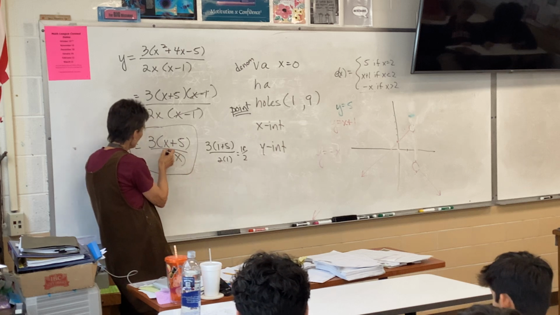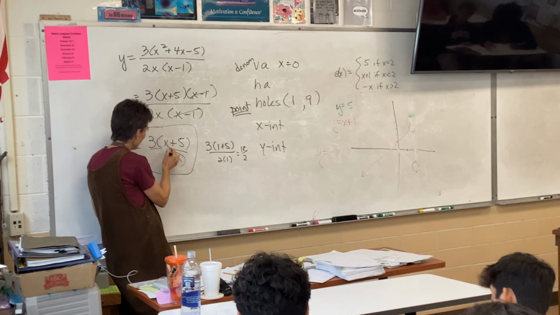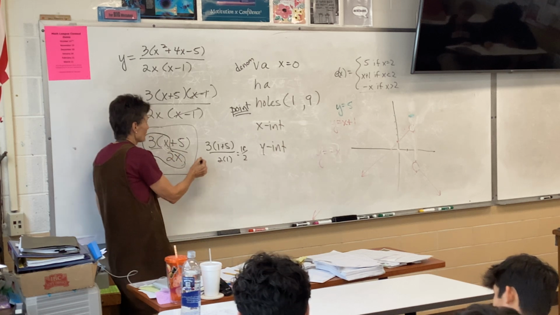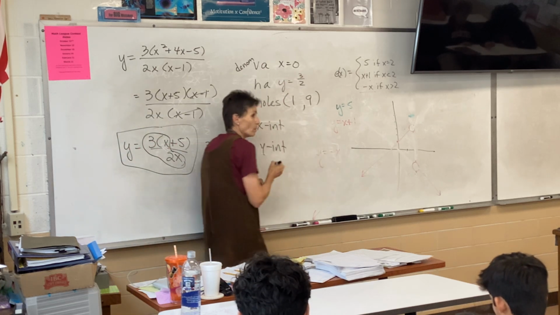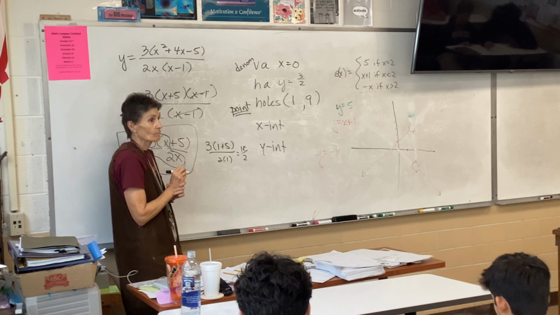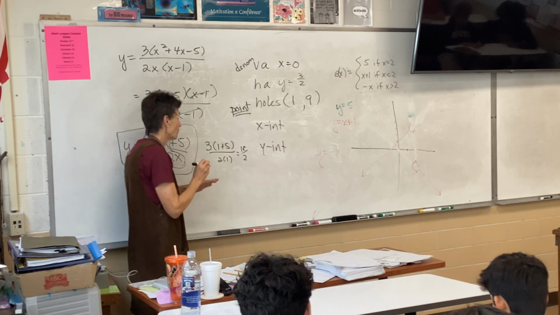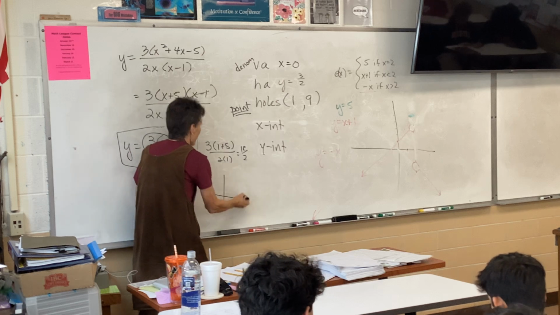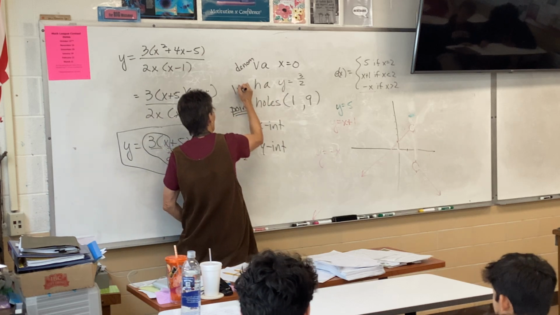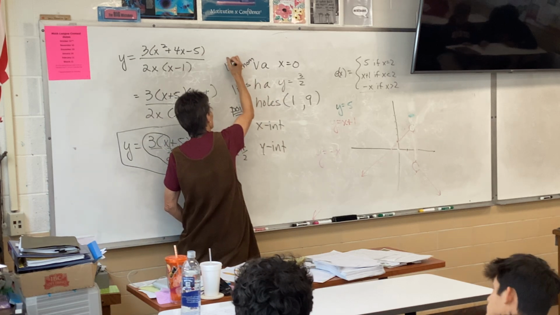Where's the horizontal asymptote going to be? 1.5. Y equals 3/2 or 1.5? Now, this sounds totally crazy, you guys probably don't need to be reminded, but your asymptotes are lines. Okay?